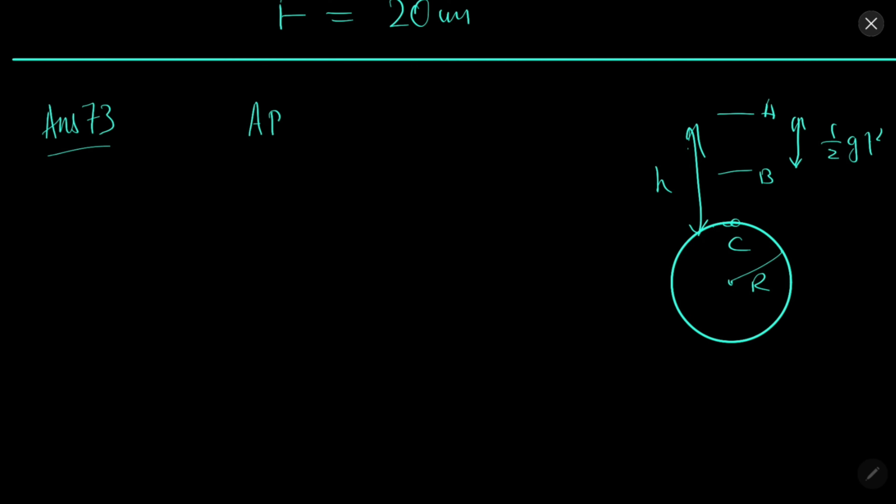So now AB is half g t square, BC is h minus half g t square.